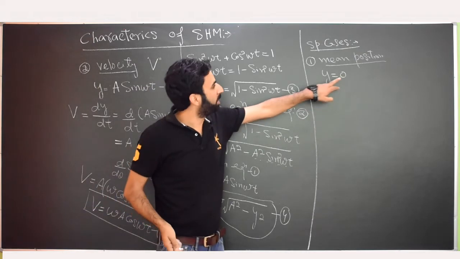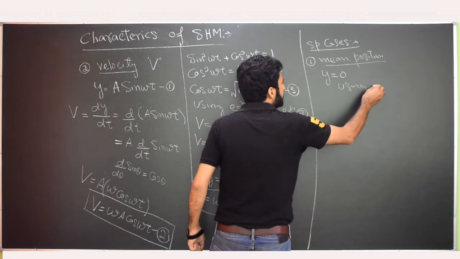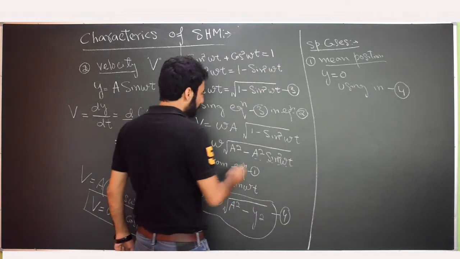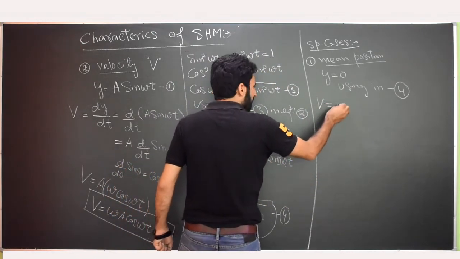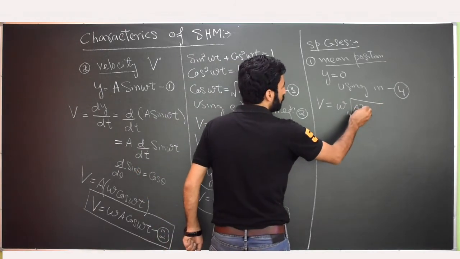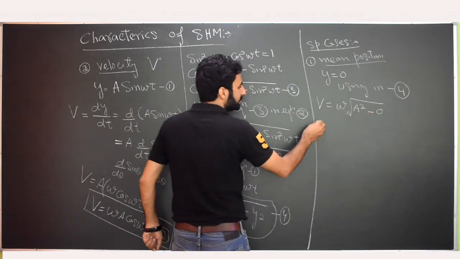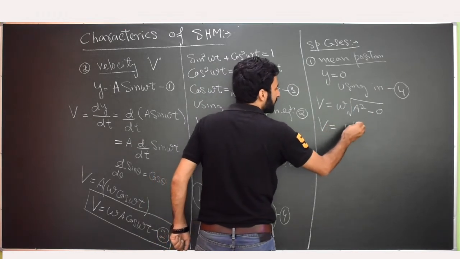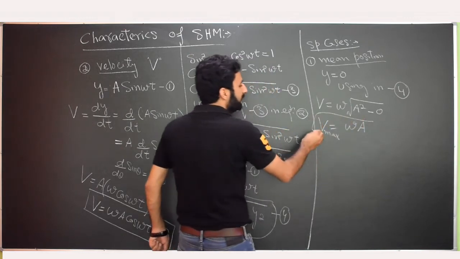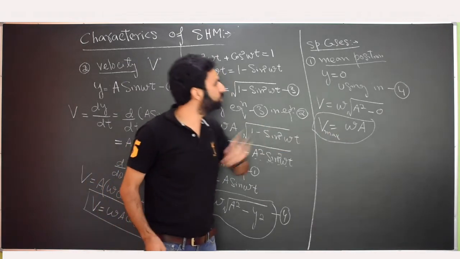Once the displacement of a particle is 0, using it in equation 4, you will get v is equal to omega into under root of A square minus 0, because y is equal to 0. So square and root cancel, v will be equal to omega A, and this will be the maximum velocity of a particle. So from here what we conclude is that velocity of a particle will be maximum at mean position.